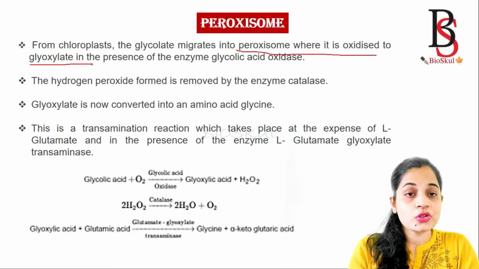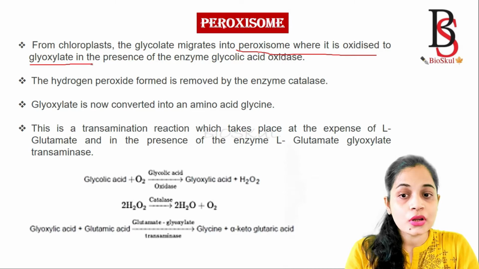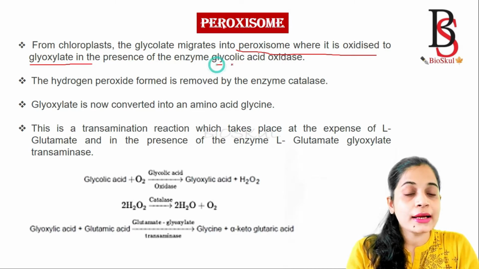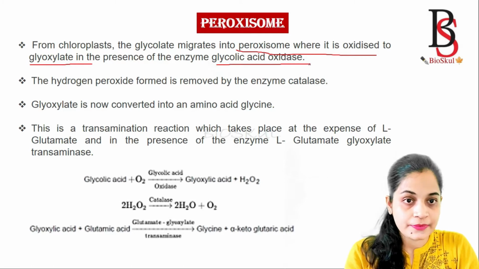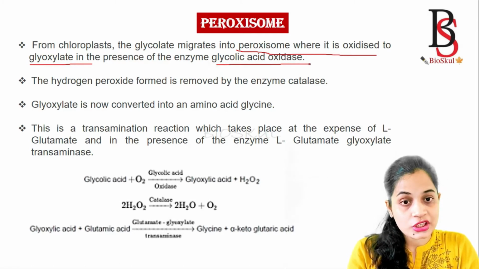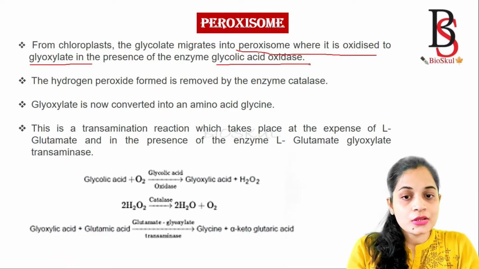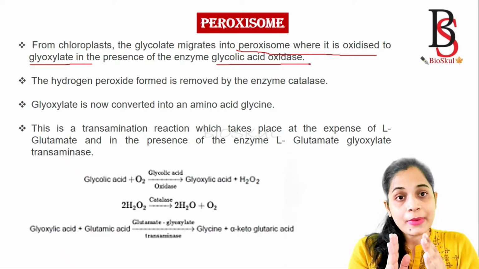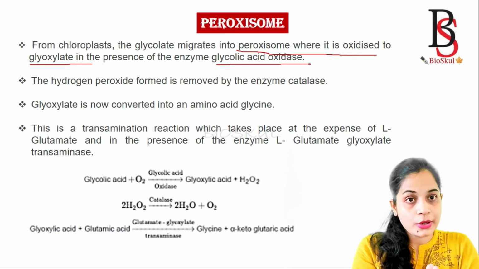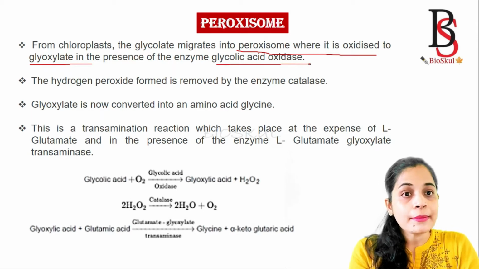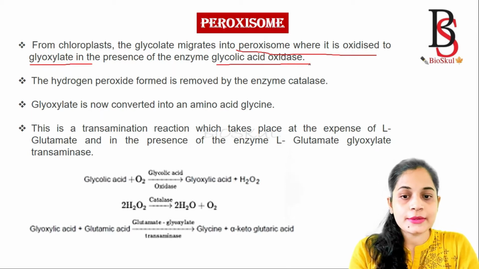In the peroxisome, it is oxidized by the enzyme glycolic acid oxidase. And this glycolic acid oxidase is absent in the chloroplast. That's why the glycolate migrates from the chloroplast to the peroxisome.